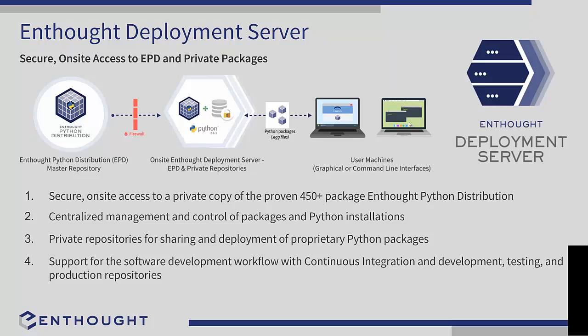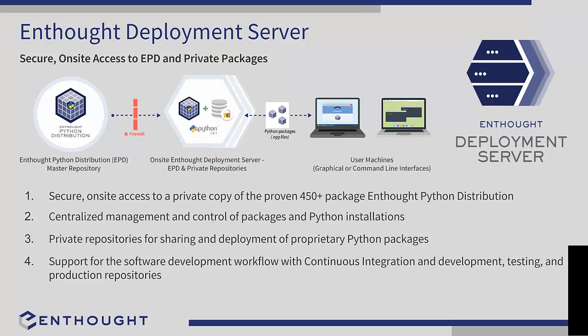It also provides access control, so it allows some of our users to upload packages, others can't, and others can view some content of the deployment server but not download it. It is the software product that allows us to provide packages to the entire Enthought ecosystem, but you can now also get that product on site and get your private secured version of the deployment server. The key idea of that product is that it can be installed behind a firewall or even be air-gapped.